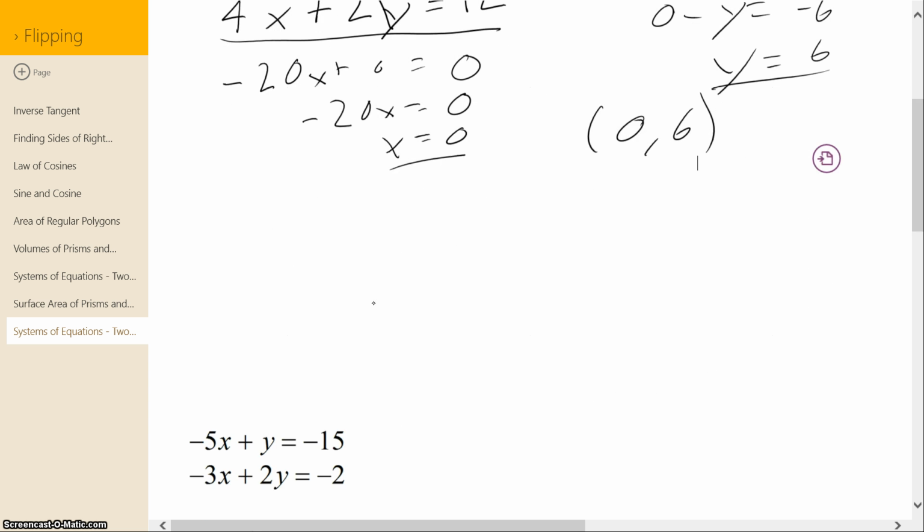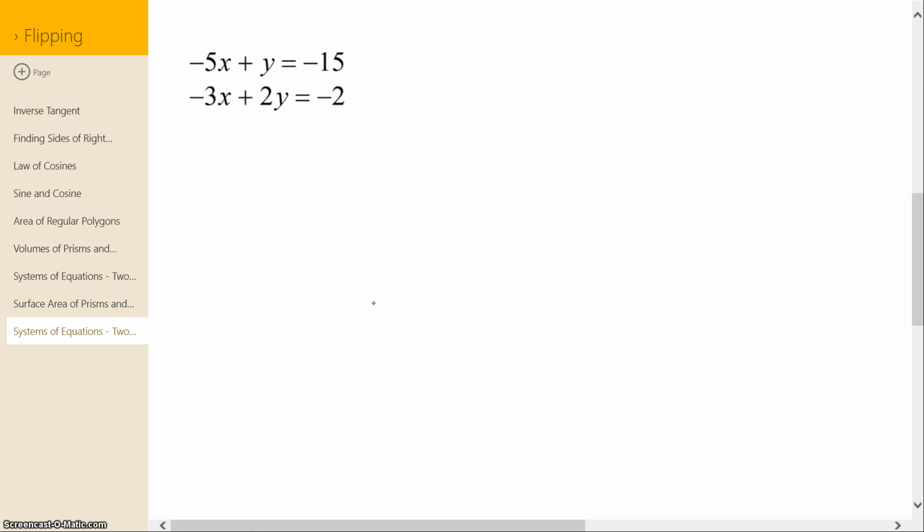Let's look on the back sheet. This is the substitution method, the first one in the back. I've got negative 5x plus y equals negative 15, negative 3x plus 2y equals negative 2. Hey, I've got y almost by itself right here, so I'm going to isolate that y.